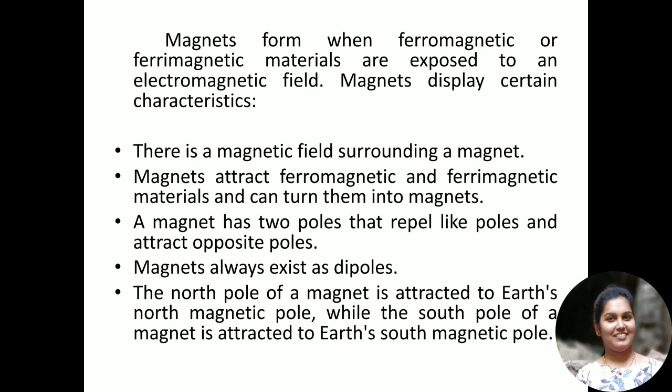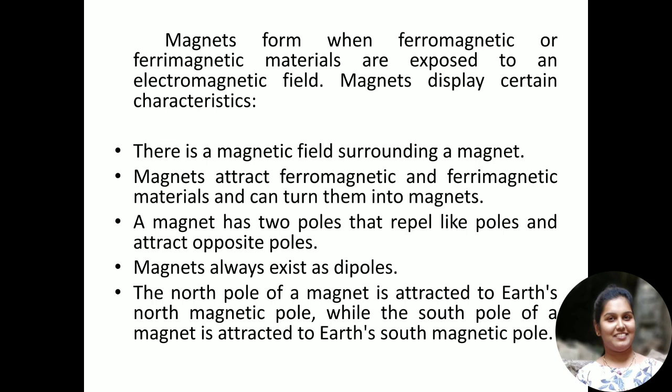Like poles repel, and unlike or opposite poles attract each other. The north pole is repelled by the north pole of another magnet and attracted to its south pole. The south pole is repelled by the south pole of another magnet, but it is attracted to its north pole.